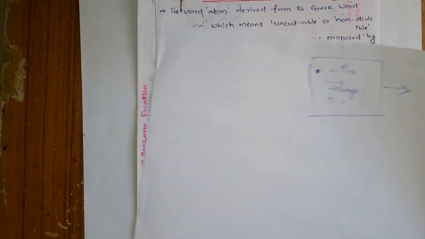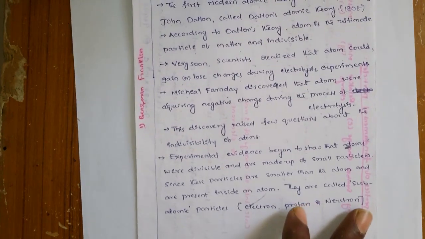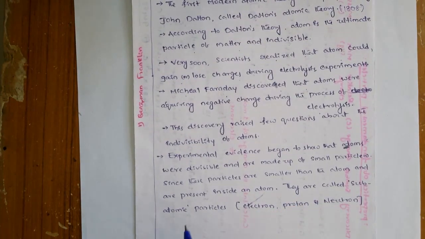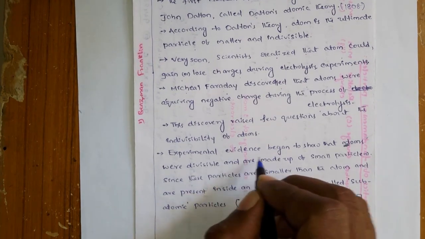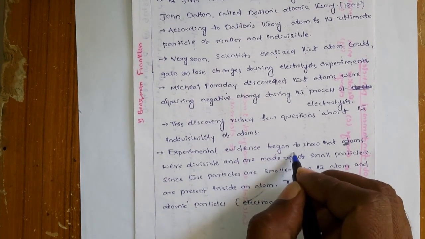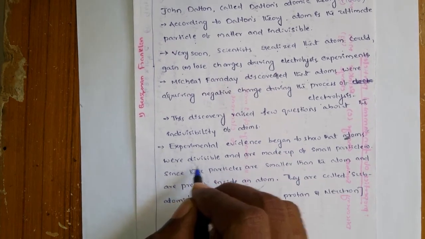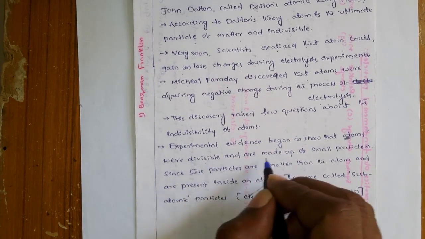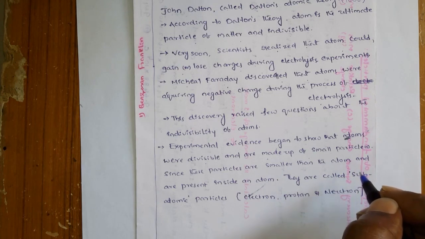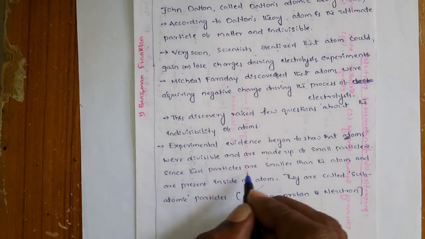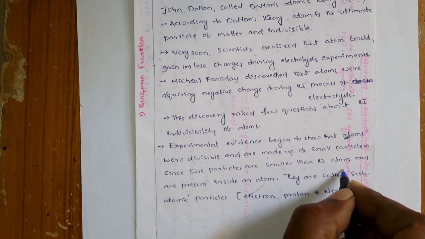Finally, with the experimental analysis, they began to show that atoms were divisible and are made up of some small particles. Obviously, whatever particles are inside the atom should be smaller than the atom.